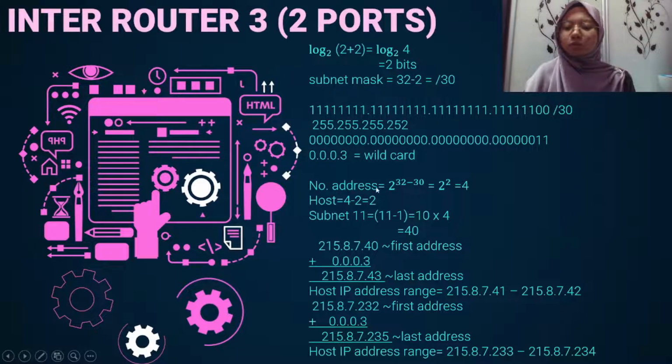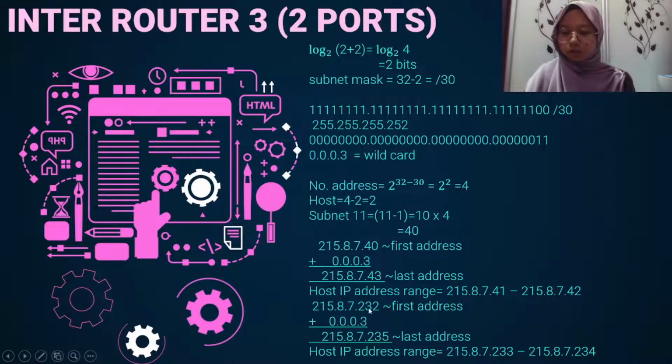But we do not use this for our first address, last address, and host IP address range. We do not use this. We just continue from before, which is our internetwork 2, where we got 231.